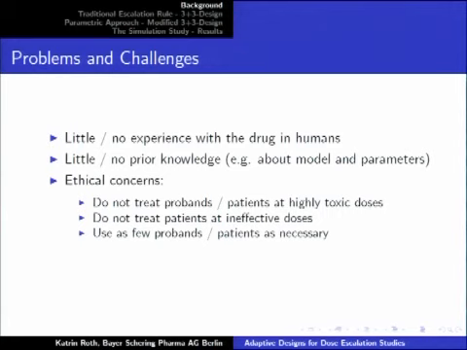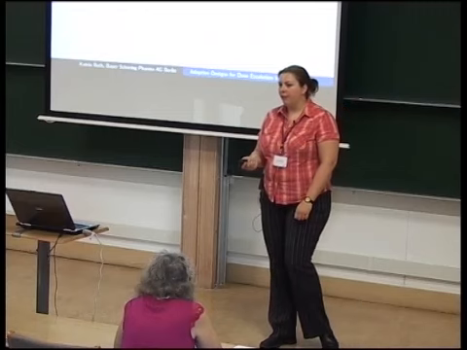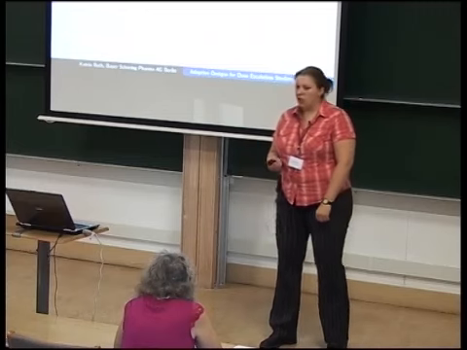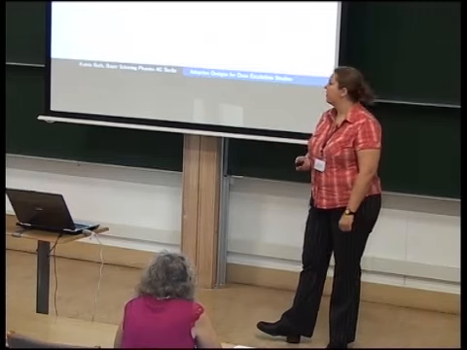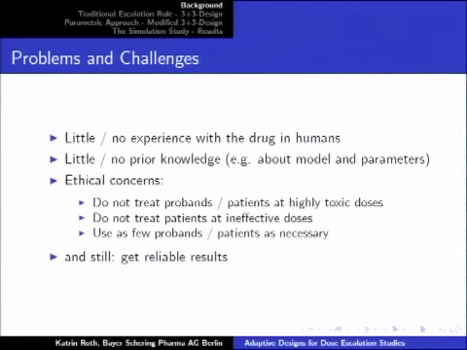And since we are doing tests on humans, we have to consider a lot of ethical concerns. We don't want to treat people at highly toxic doses, but we don't want to treat patients, that is, sick people, at ineffective doses. And in general, we want to use as few people as necessary. But still, we want to get reliable results, and that's kind of a contradiction.